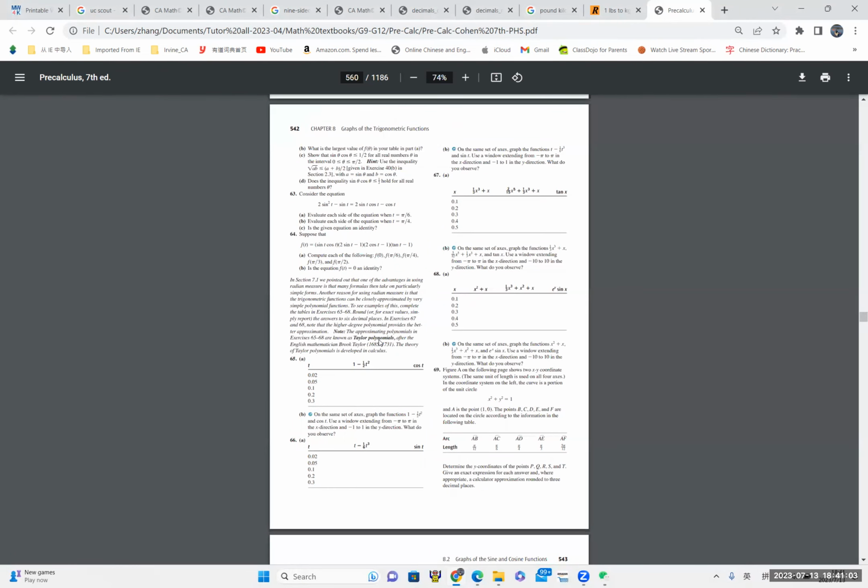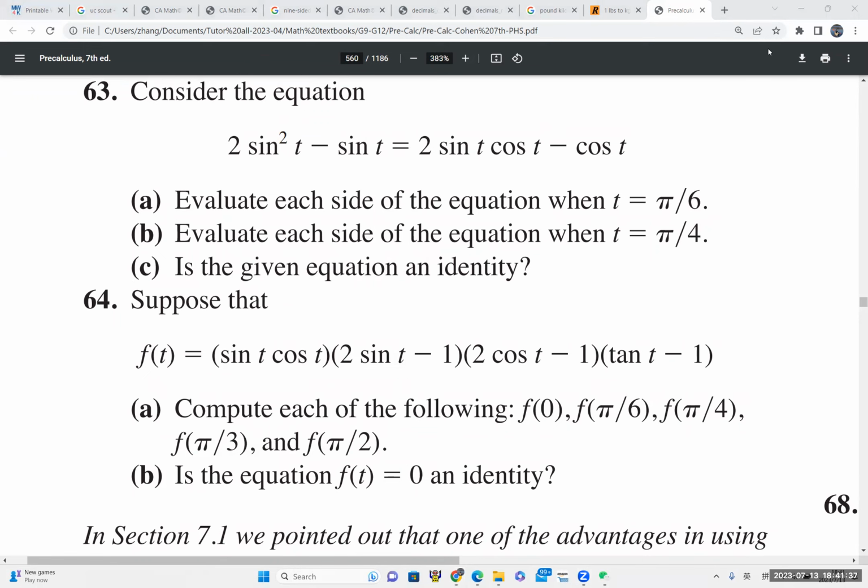Now, do you guys want to try one? How about the 63? Good. Yeah, think about 63.